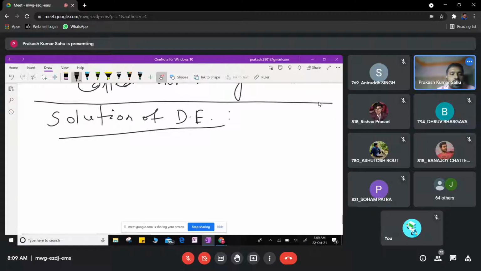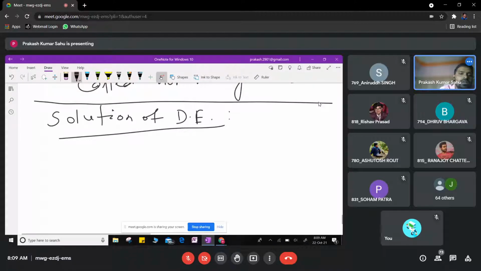The solution is a function which satisfies the differential equation. Suppose the differential equation, we take a general order differential equation.